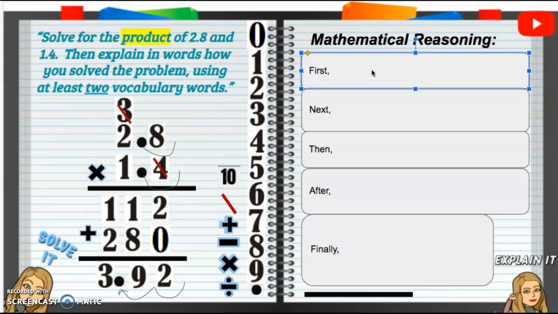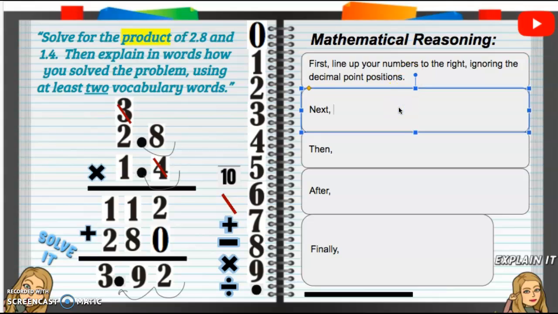So first thing we did, we lined up our numbers to the right. So we just lined them up with ignoring that decimal point position. So first, line up your numbers to the right, ignoring the decimal points positions. So we're ignoring the decimal points. We're just putting all of our numbers, scooting them over to the right as far as we can. Next, well, after we did that, we're just going to start to multiply.